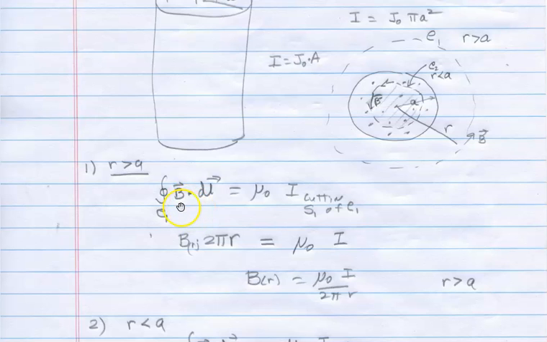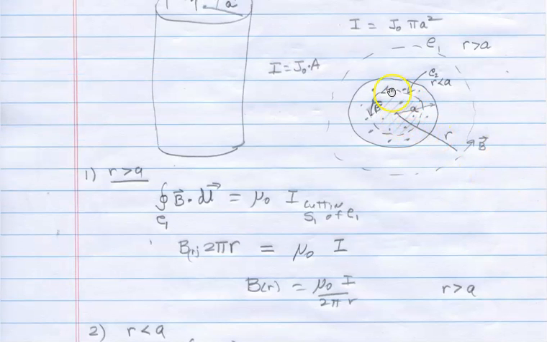Again, this side over here is exactly like the case of the thin wire. It just becomes a B by the symmetry as a function of R at best. And then I integrate all the way around as 2 pi R of dl. And mu naught, and then since all the current is cutting, it reduces to exactly the same expression for R greater than A as if I had all the current going through a thin wire right at the center here. So no way to distinguish a thick wire and a thin wire by just measuring the field outside.